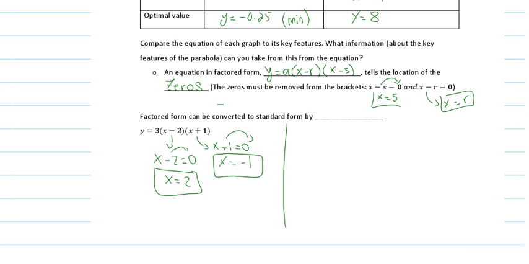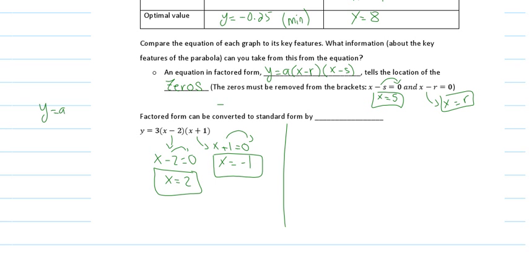Okay. Now, my question to you is the following. If I want to go from factored form to standard form, what do I do? So if I want to go from this form to this form. That's right.